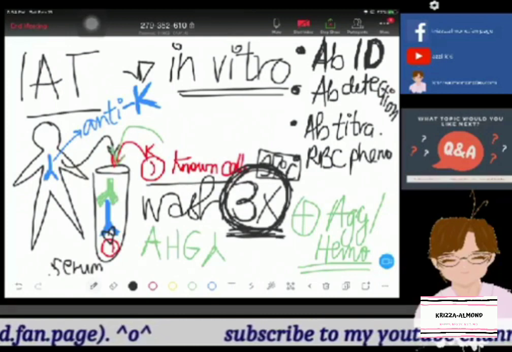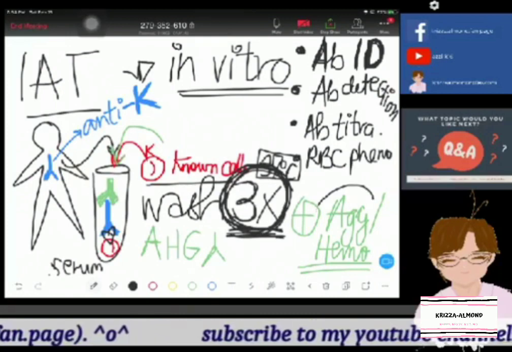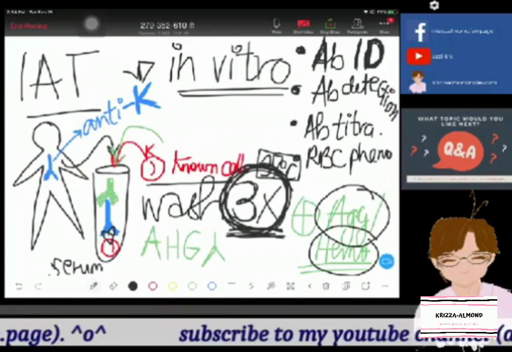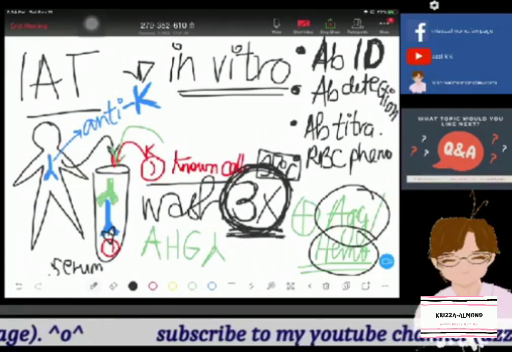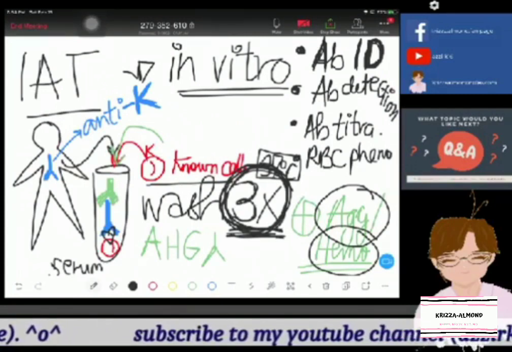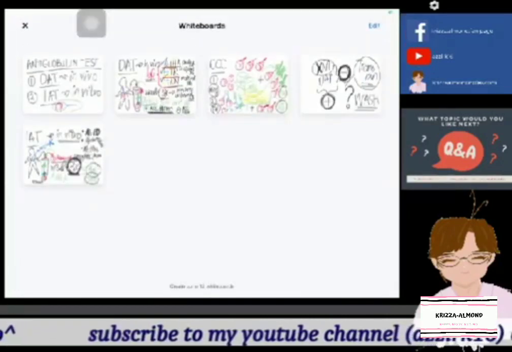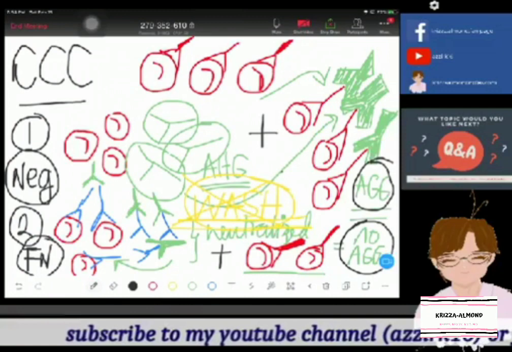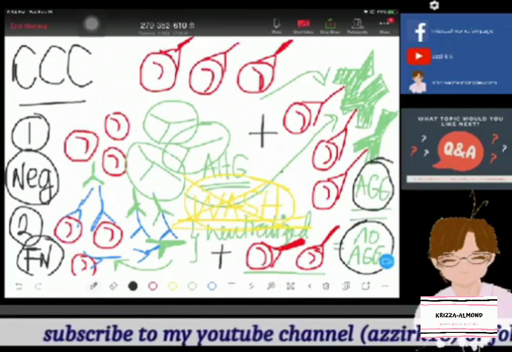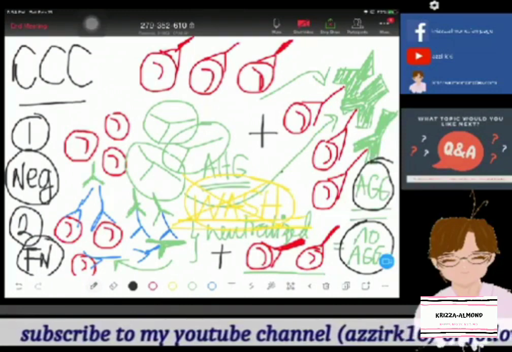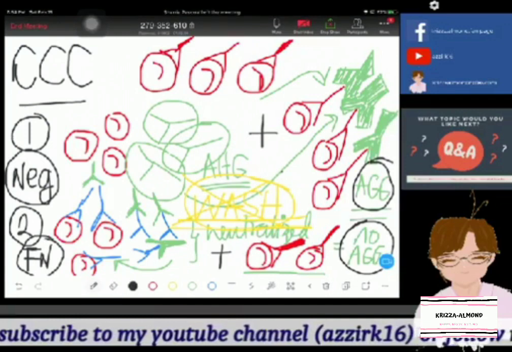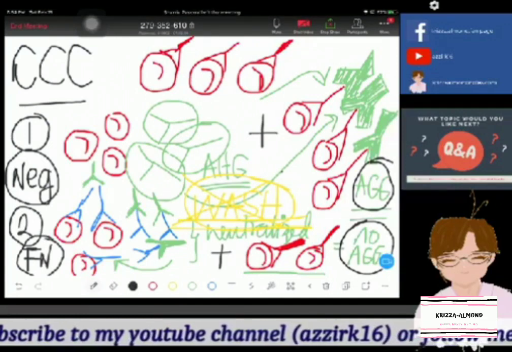And if our specimen is positive, we will appreciate presence of agglutination or hemolysis. If negative, there will be no agglutination or hemolysis. But then again, remind yourselves na before we really confirm a negative reaction, we will need to add the Coombs check cells para malaman natin kung negative ba talaga o false negative ang ating reaction.